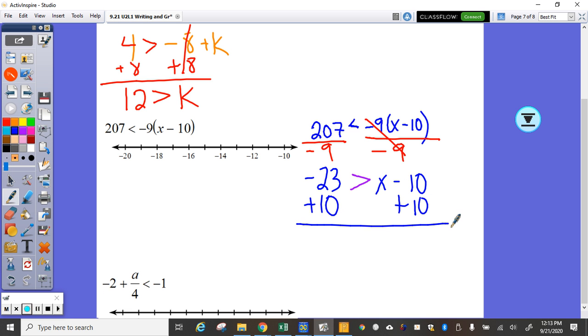I really didn't. Alright, add 10. Alright, so open or closed circle at negative 13? Open. If it's not equal to, which way is it going? Muy bien.